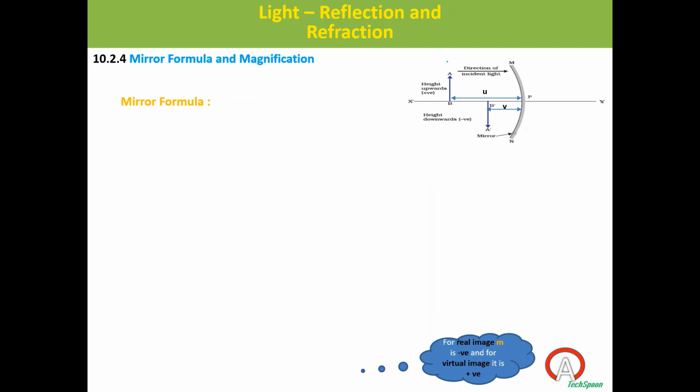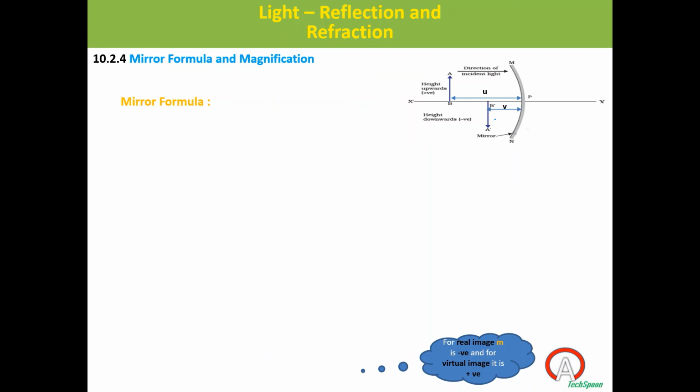So this is an object. This is the object distance u. This inverted one is an image. So what is v, Anjana? Yes, v is the image distance. Always we use small u to mention the object distance, and small v to represent the image distance.